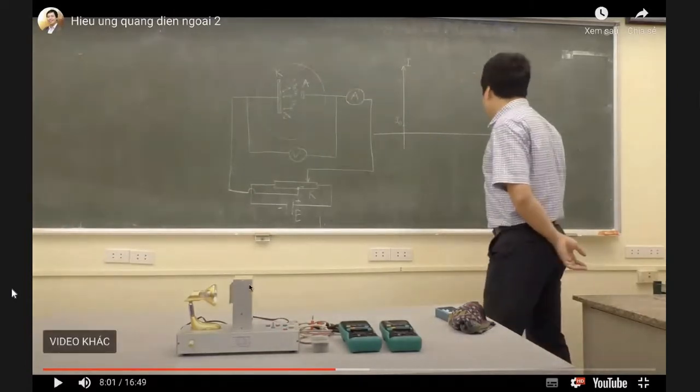And right now, the next question is, when the UAK is equal to 0, what is the current? And the current here, as shown on the diagram, is different from 0.